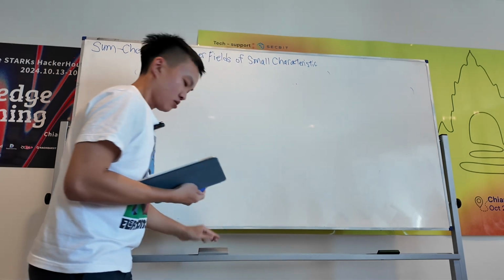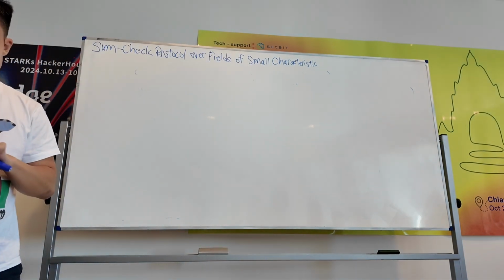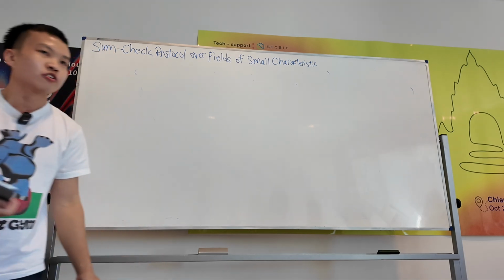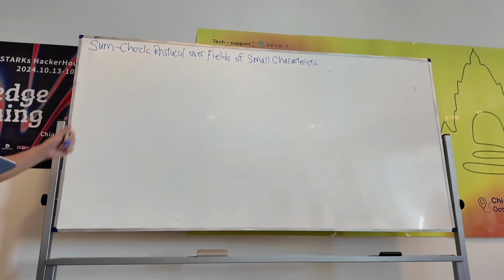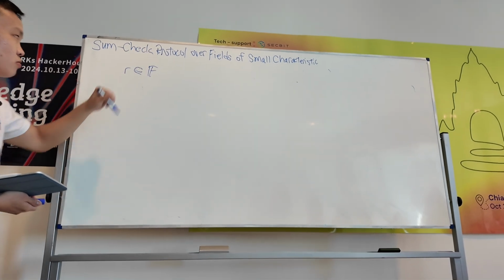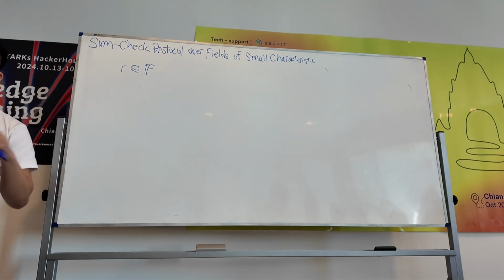Basically, the key finding they had was, because notice when we sample the random variable, right? We have to do extension field operations basically.